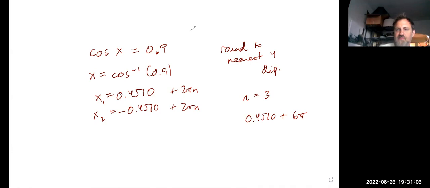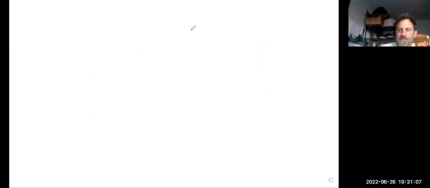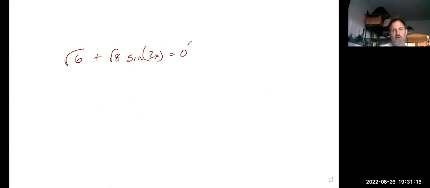What happens if this is not just sine x, it's sine 2x? First of all, the algebra is the same to start. We're going to subtract root 6. So square root of 8 sine 2x equals negative root 6.